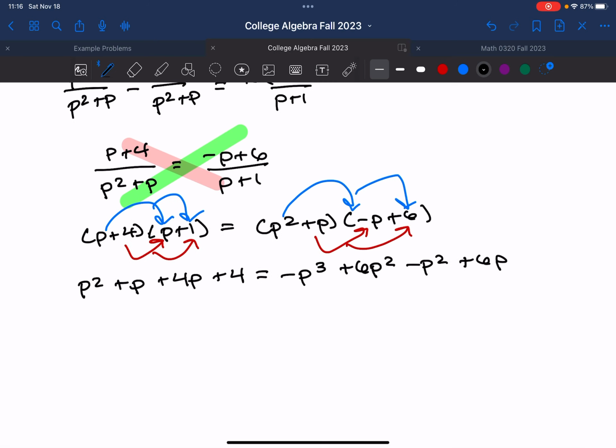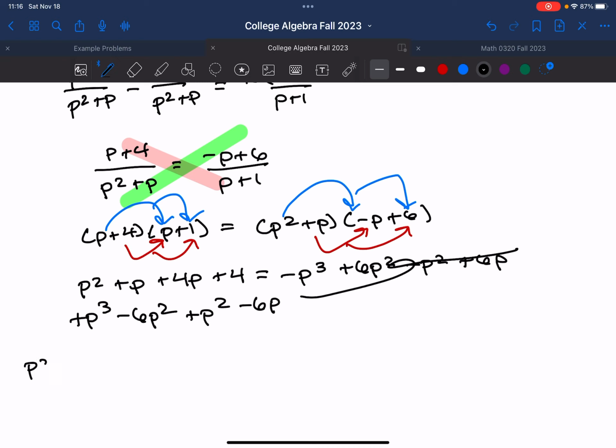Okay, we want this all equal to 0, so I'm going to move everything that is on the right side over to the left side. So I'm going to be adding a p cubed, subtracting a p squared, adding a p squared, and subtracting a 6p, so I get 0. So that's the way this goes away.